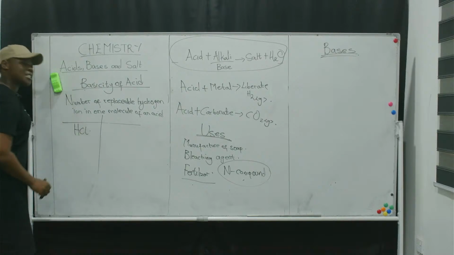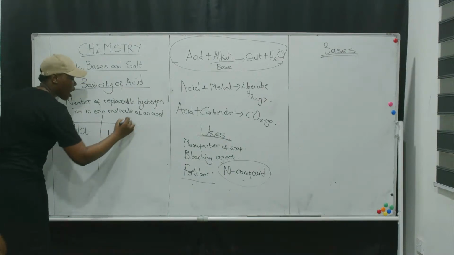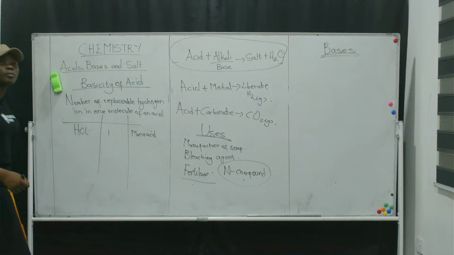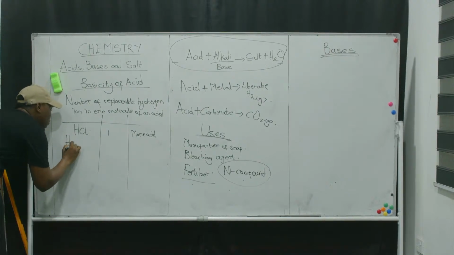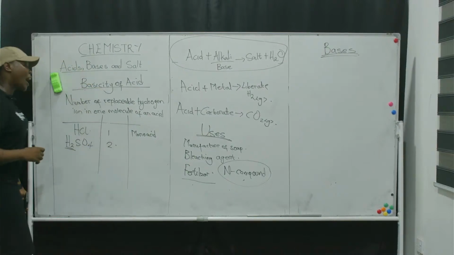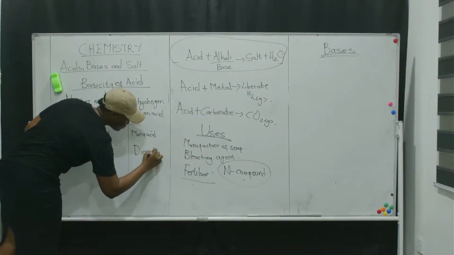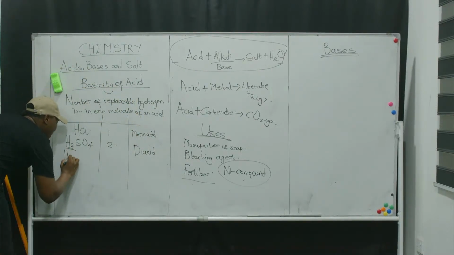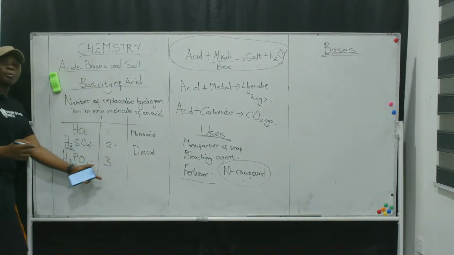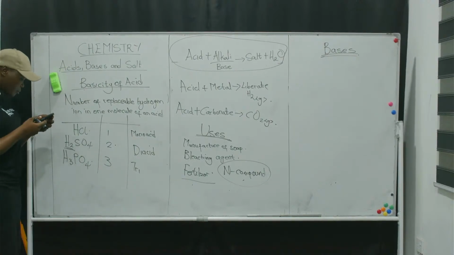HCl, hydrochloric acid, has one replaceable hydrogen, and you call it a monoacid. H2SO4, tetraoxosulfate(VI) acid, has two replaceable hydrogen ions, and it is called a diacid. H3PO4 has three, and what would it be called? Definitely tri.